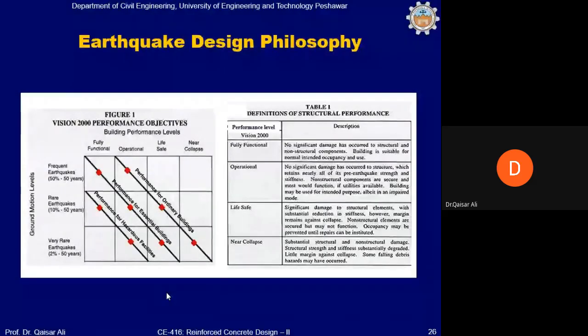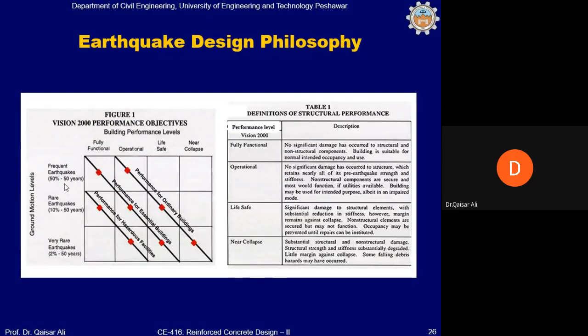So with this explanation, now we try to explain the concept of earthquake design philosophy. In the figure on the left, on the y-axis from top to bottom, we have different types of earthquakes. The first type are those earthquakes where the probability of occurrence is 50% in 50 years.